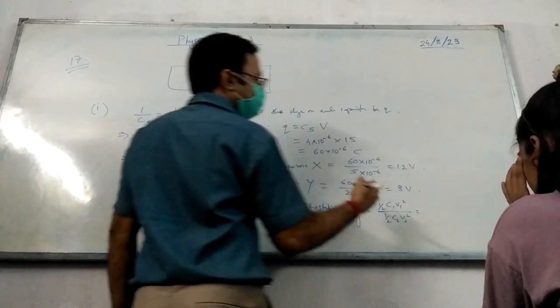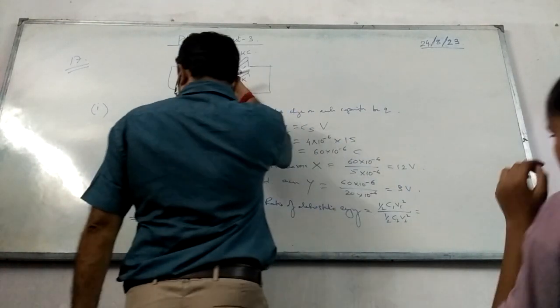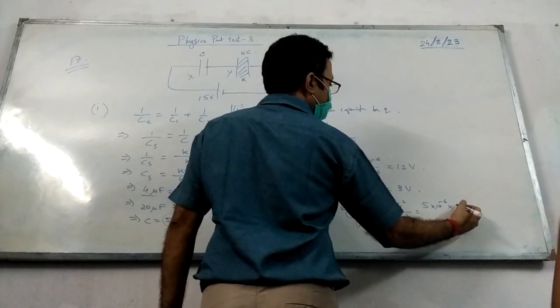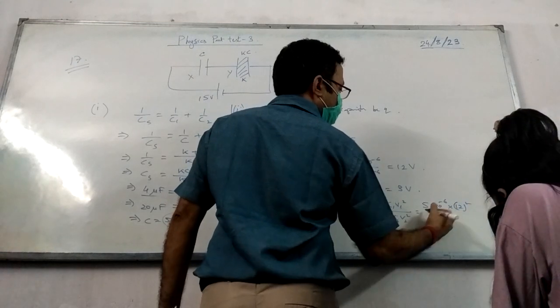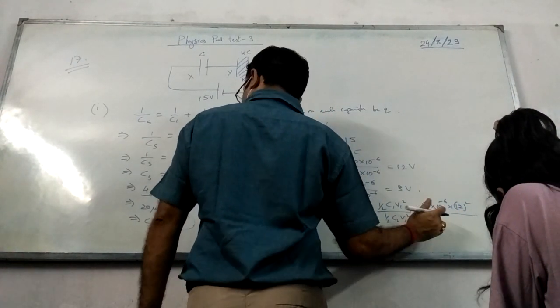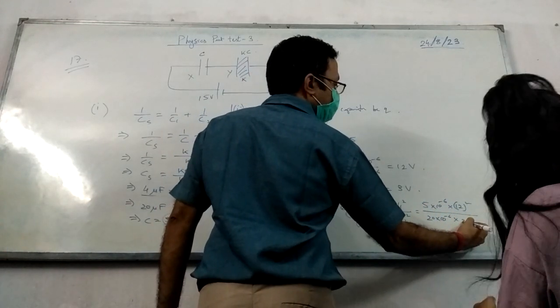So the half cancels, C1 V1 square. What is C1? The first one is 5 microfarad, right? 5 into 10 to the power minus 6 into V1 square, which is 12 square, and the second one is 20 into 10 to the power minus 6 into 3 square.